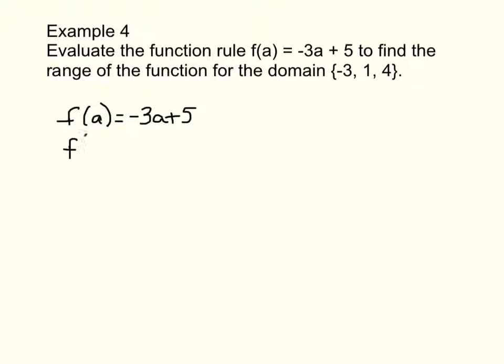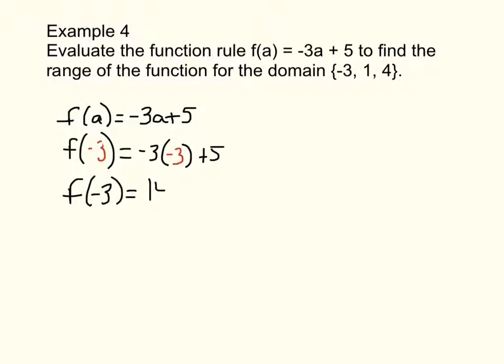f of negative 3 equals, and then you plug in negative 3 for a. So you'd write this as f of negative 3 is what? Well, negative 3 times negative 3 is 9, plus 5 is 14.